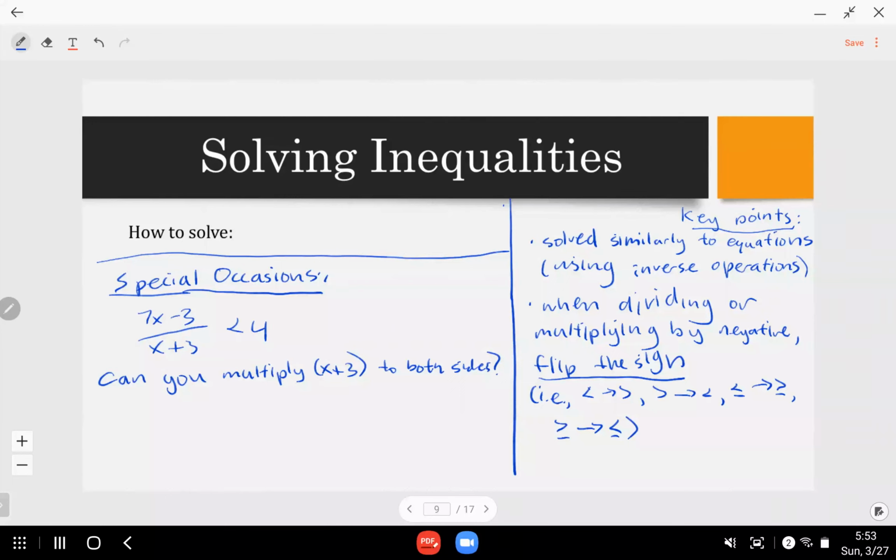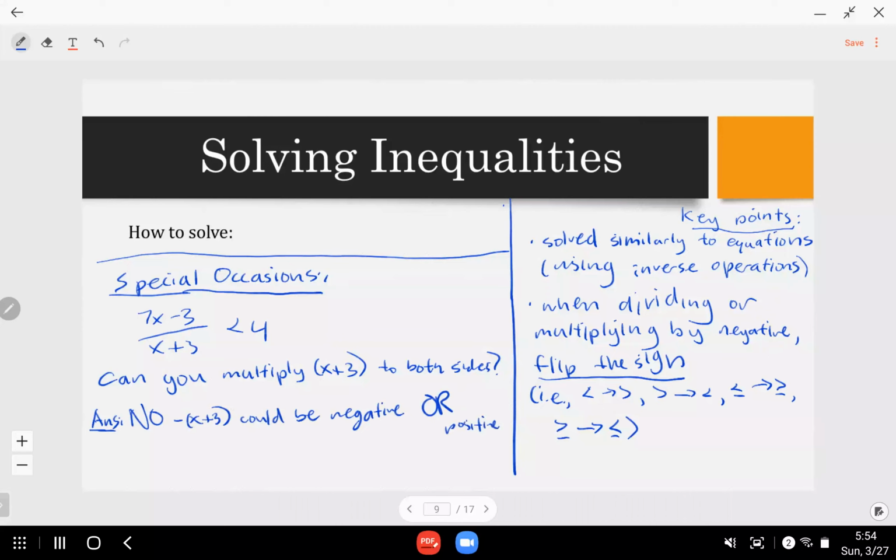The answer is no. Why? It's because x plus 3 could be negative or positive.